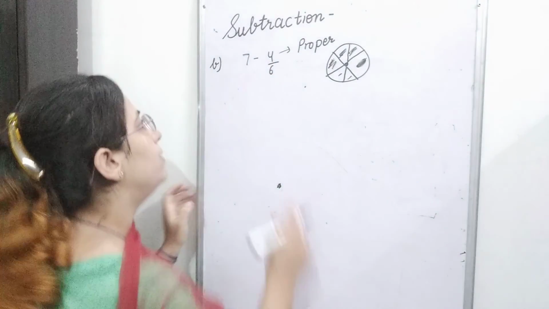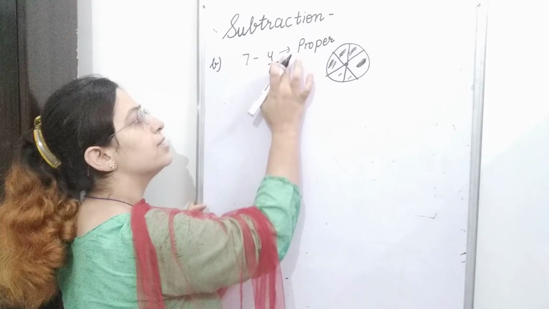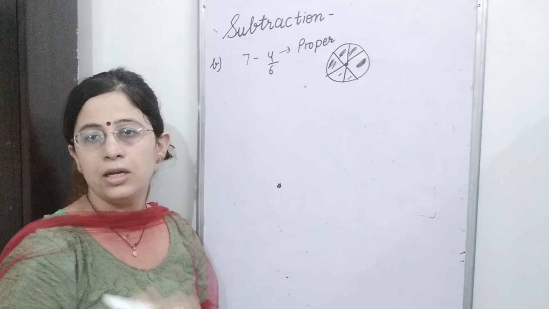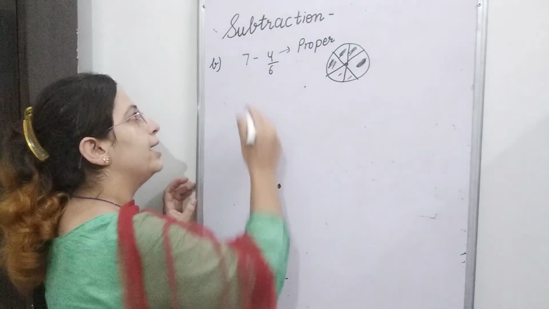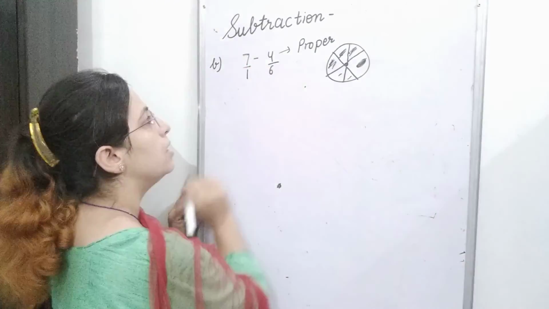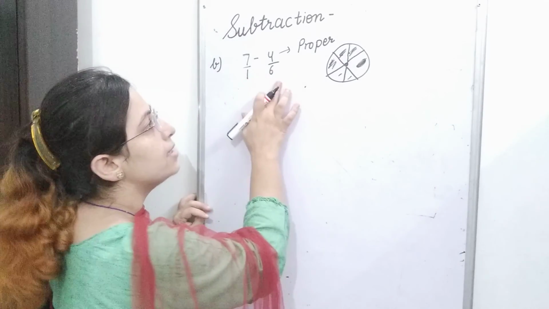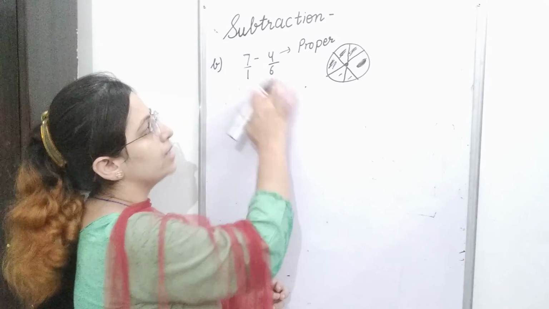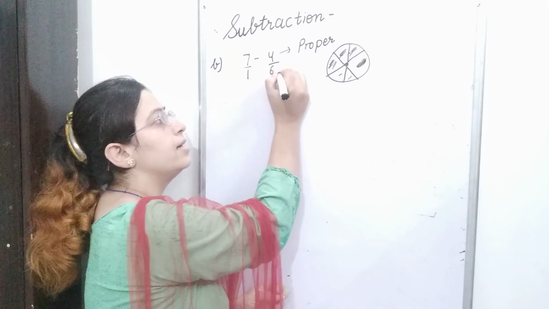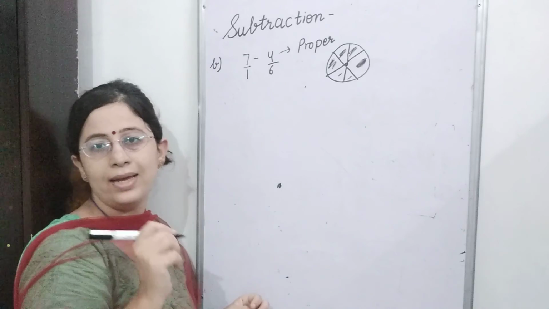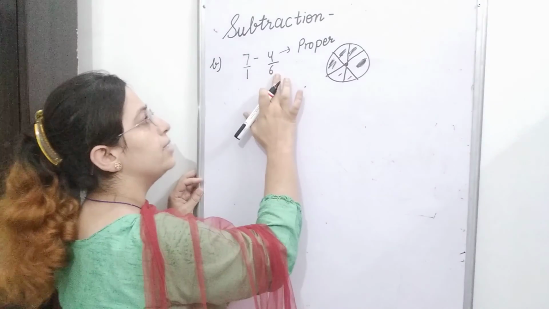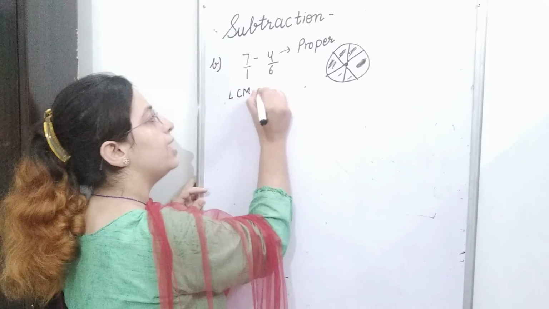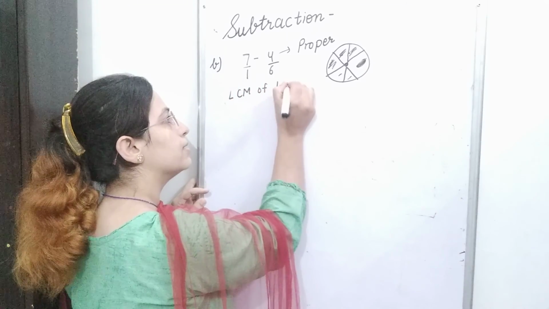Now how will we solve it? This is a whole number and this is a proper fraction. Here the denominator is nothing. If the denominator is nothing, we can write 1 here. Now just check whether these are like fractions or unlike fractions. These are unlike fractions because here is 1 and here is 6. So first of all we will find the LCM of 1 and 6.